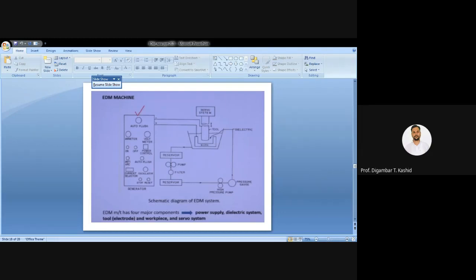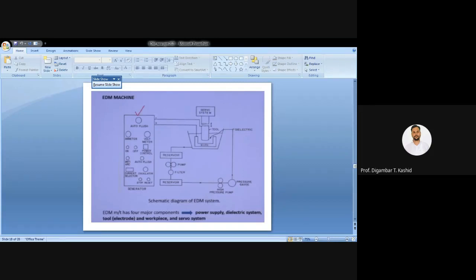The third option, which is a very good option and mostly used, is that dielectric can be injected through the hollow tube of your tool into the inter-electrode gap, and it comes out from the gap.